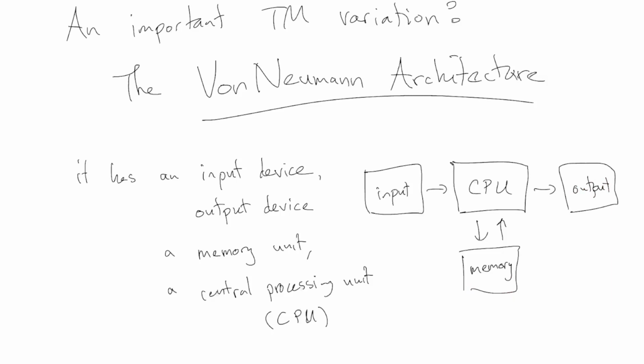Anyway, you may recognize this as the basic structure of a real-life computer. Real-life computers work in this way. A typical computer like this iPad that I'm using has a CPU, which is the chip inside of it, and it has memory inside of it. The iPad doesn't have a specific input device. It has many input devices, but basically the input mostly comes through touching the screen.